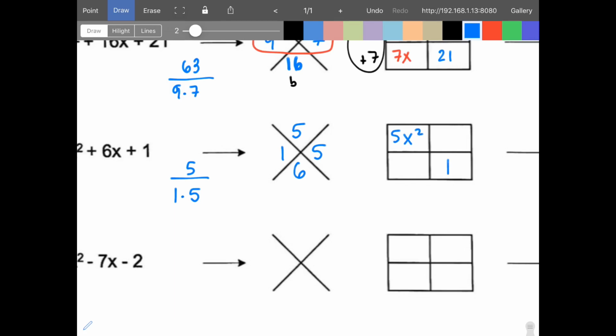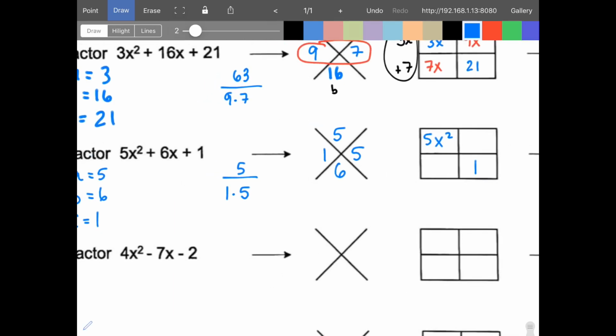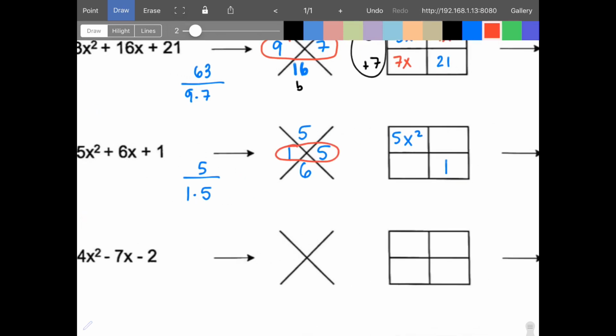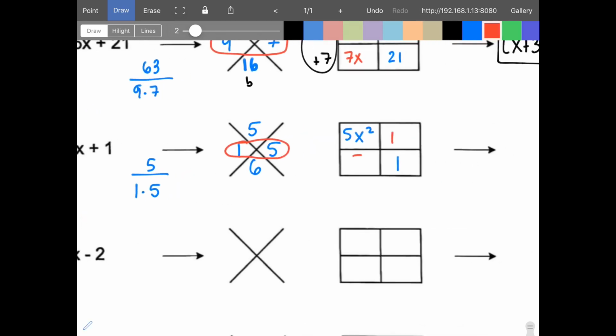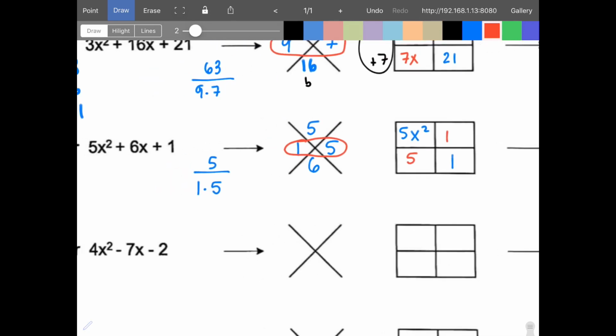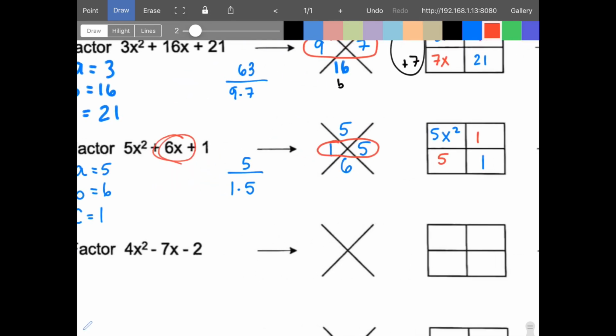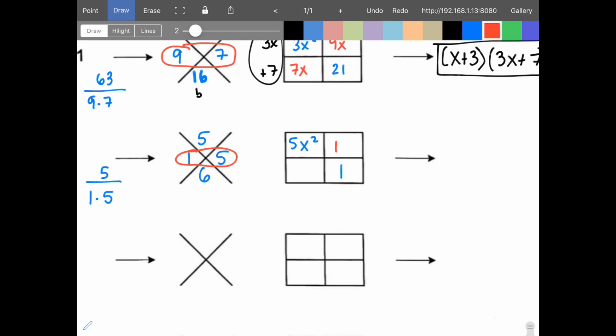And our C term is 1. And then we have to take these two numbers and put them, it doesn't matter which order. And then remember, we have to give them an x because they have to add up to this middle term. We're not changing anything. So we have to give both of them an x.